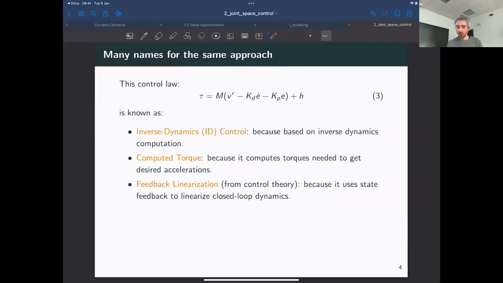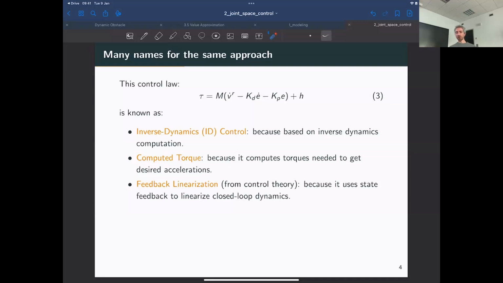Okay, so the control law that we get by putting everything we have said so far together is the following one. And this is known under different names. I typically call it inverse dynamics control. And I think these days most people use this name. But in old robotics textbooks, this was known as computed torque.